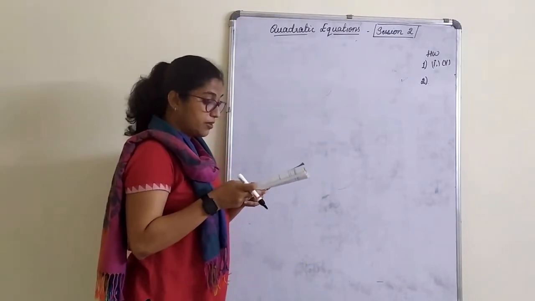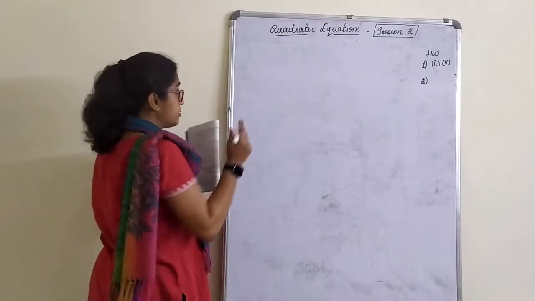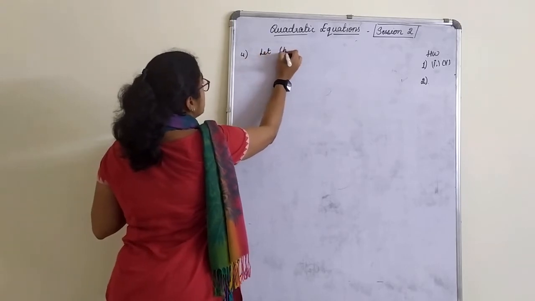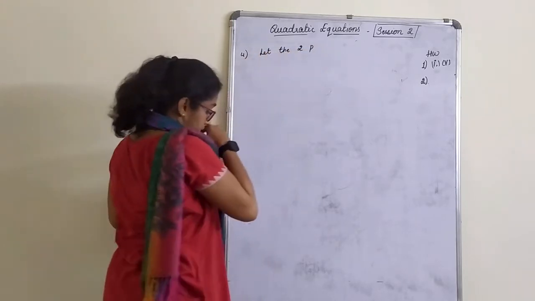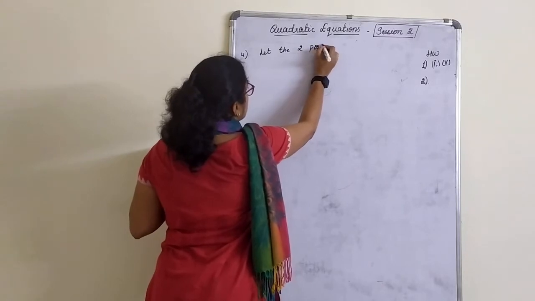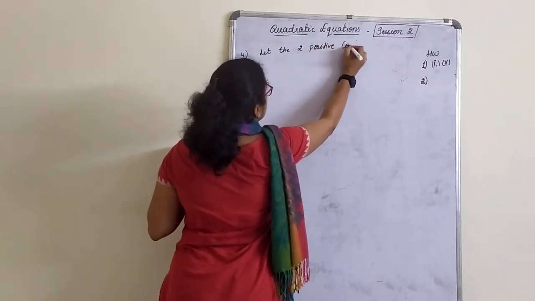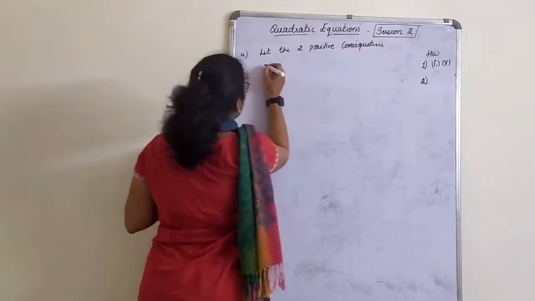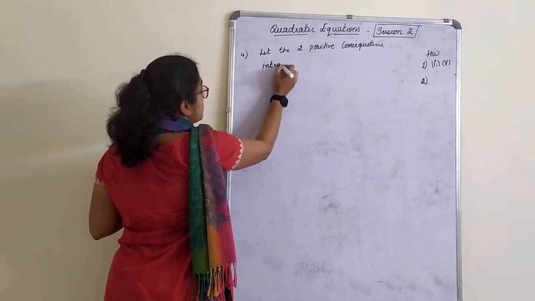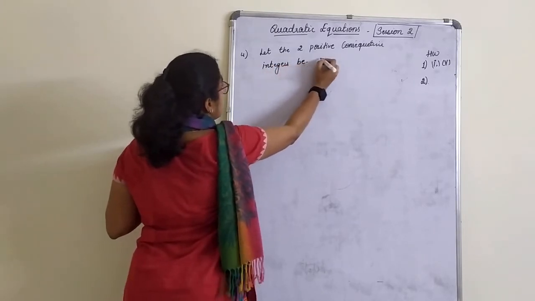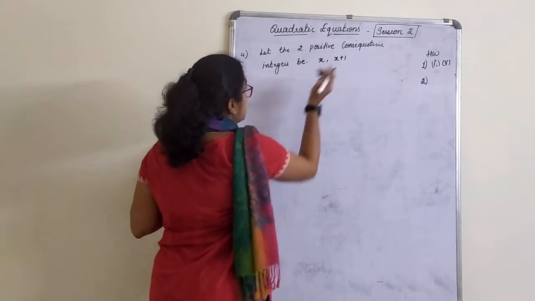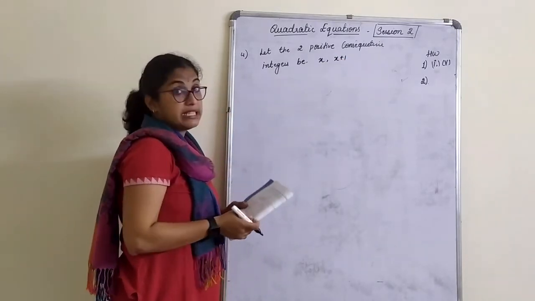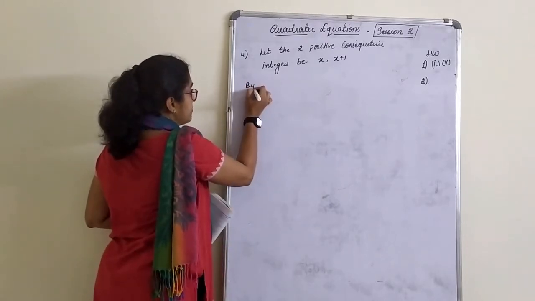Find two positive consecutive integers whose sum of the squares is 365. Which is the fourth one? Let the two positive consecutive integers be x and x plus 1, sum of whose squares is 365 by data.